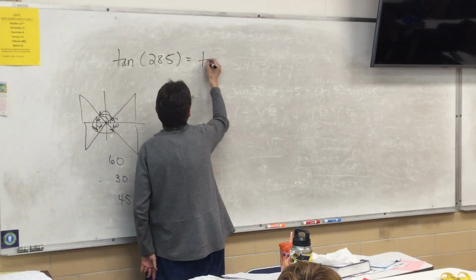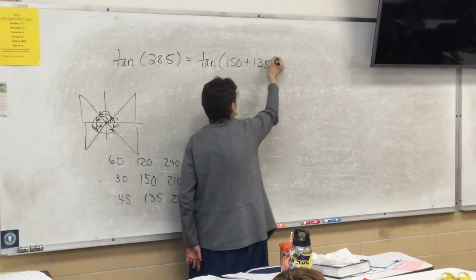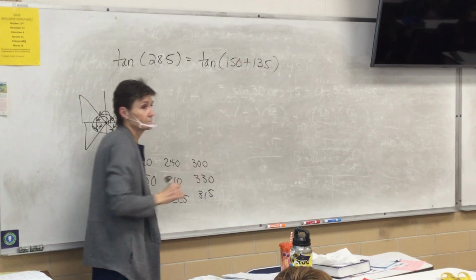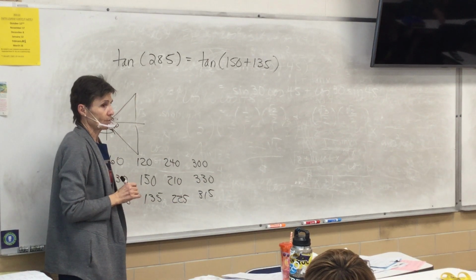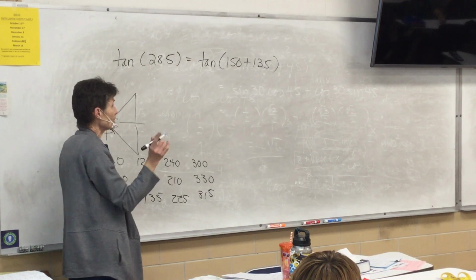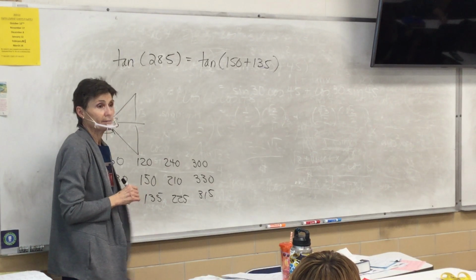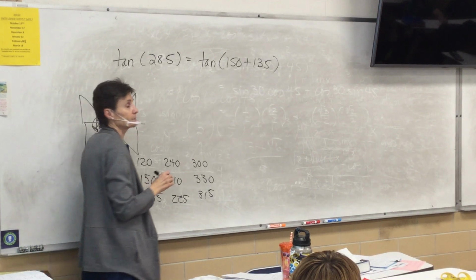Oh, I heard somebody say 150 and 135. How many possibilities are there? Lots. So we're just going to go with Joseph's because it's a good plan. And we're doing tangent.